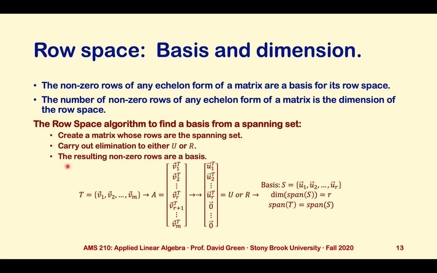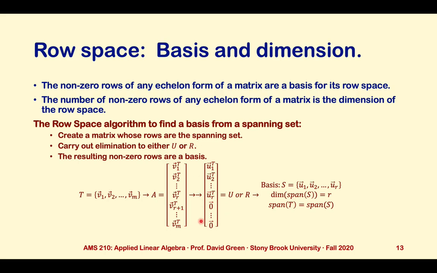We start with some set of vectors that we don't know if they're linearly dependent or not, but we know that they span some vector space. We set those up as the rows of a matrix, and we carry through Gaussian elimination, either to U or all the way to R, depending on the details of the problem.